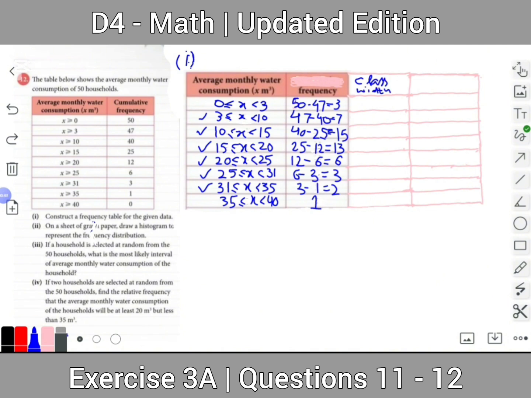So 3 minus 0 is 3, 10 minus 3 is 7, 15 minus 10 is 5, 20 minus 15 is 5, 25 minus 20 is 5, 31 minus 25 is 6, 35 minus 31 is 4, and 40 minus 35 is 5. Now we will find the frequency density.